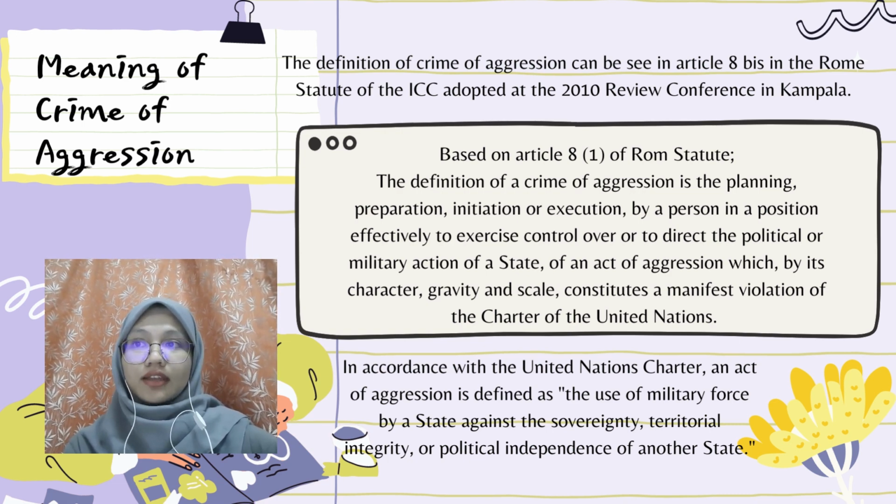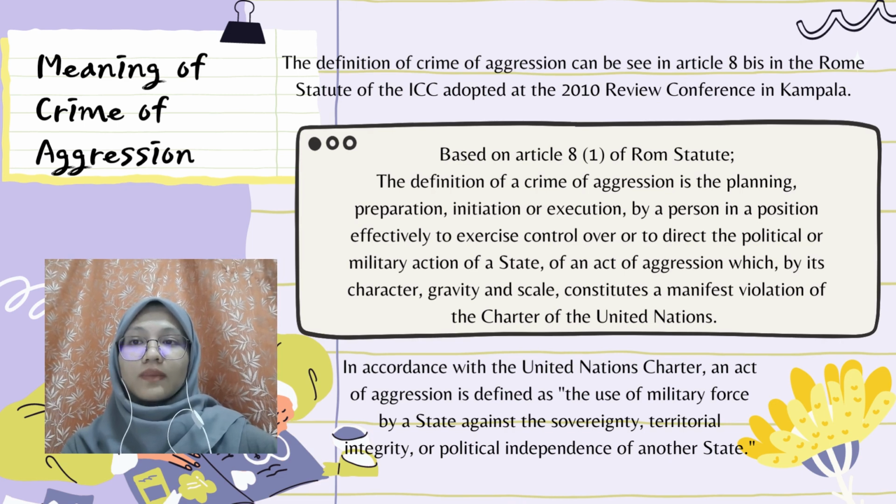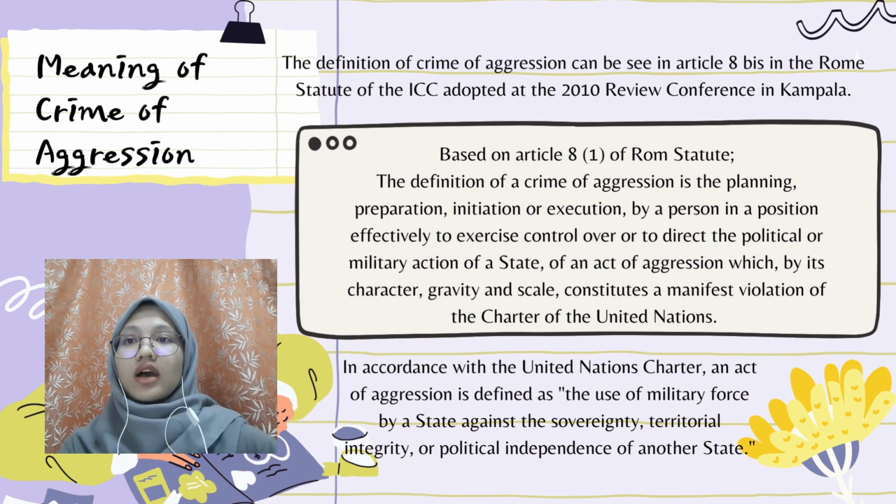It states that the crime of aggression is the planning, preparation, initiation, or execution by a person in a position effectively to exercise control over or to direct the political or military action of a state, of an act of aggression which by its character, gravity and scale constitutes a manifest violation of the Charter of the United Nations.